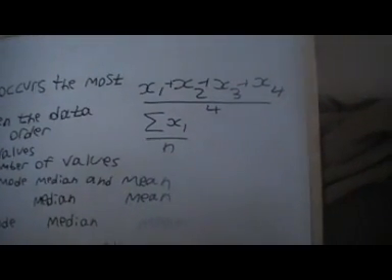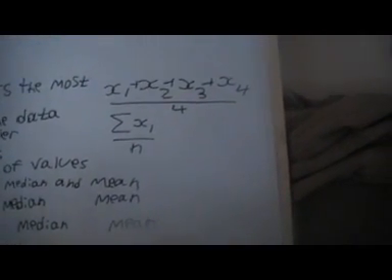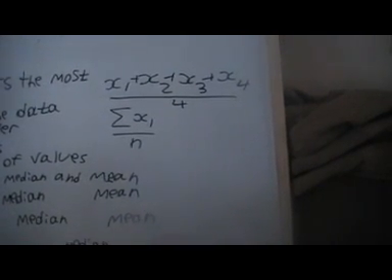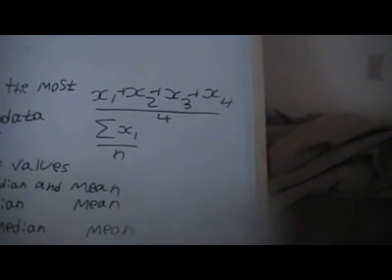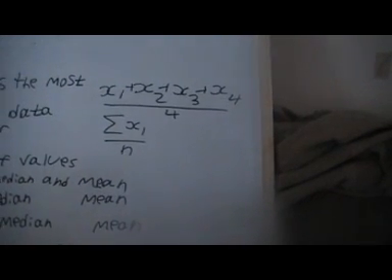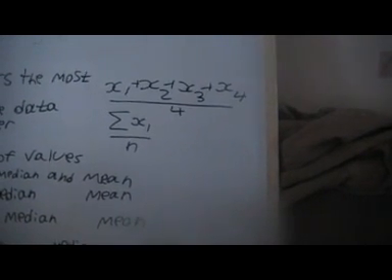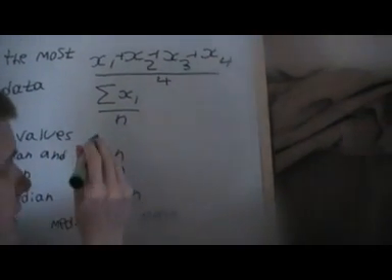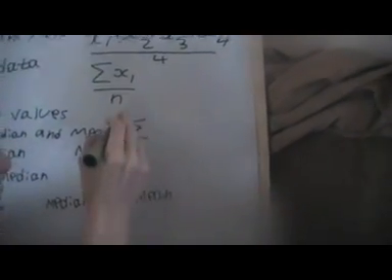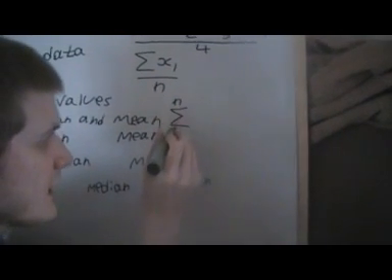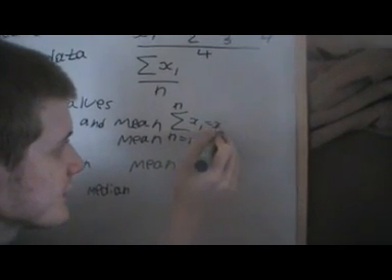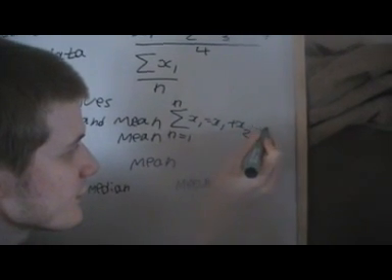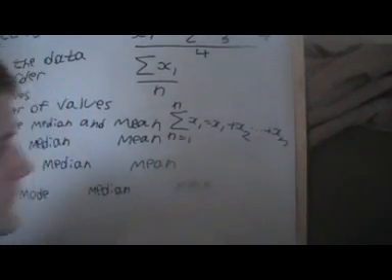Now you may not have seen that symbol before, and in your Core 1 module, if you're taking that, or if you want to know a bit more about it, then I'll be making a video about that at some point later on. Basically, it means a sum. We start from n equals 1, x1 is a sum of all these values to xn. That's basically what that means, if you haven't seen it before.